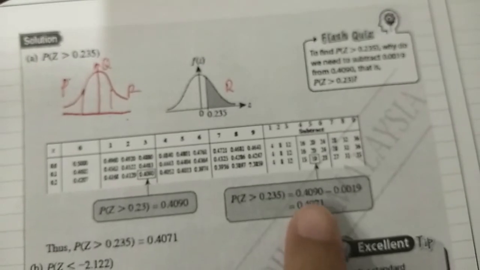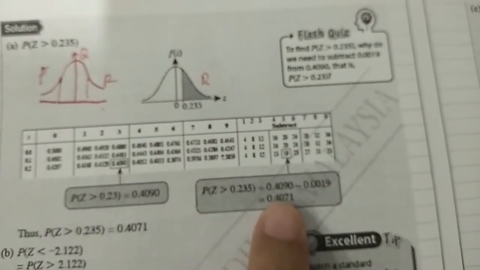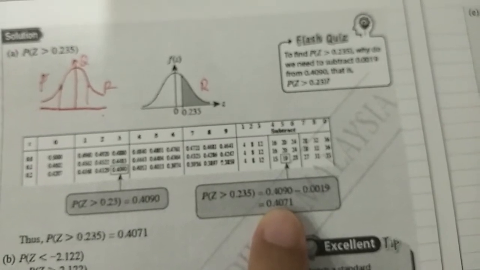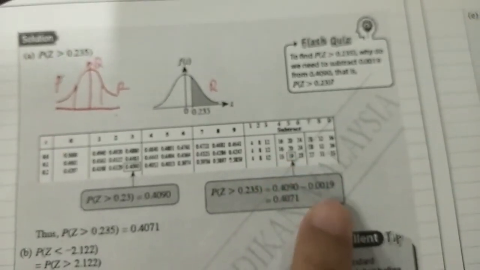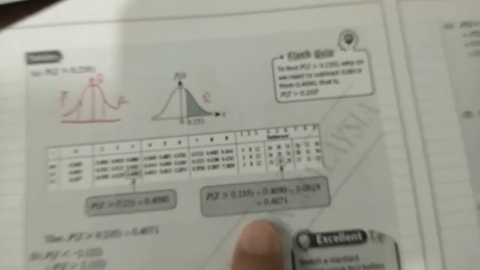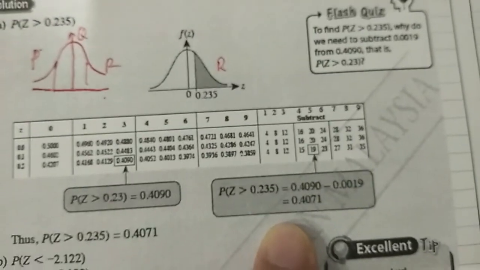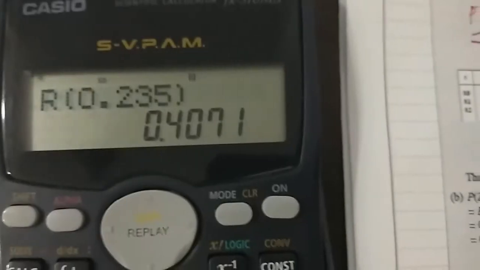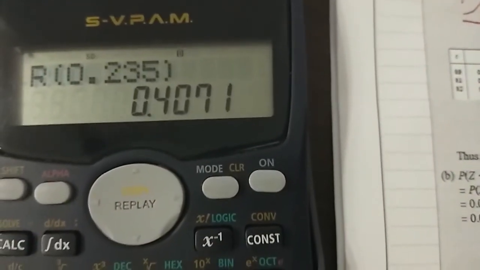Okay, this one, the number 0.4090 minus 0.0019. The number 19 here is 0.0019. The answer we will get is 0.4071. Okay, same as what we get from the calculator.